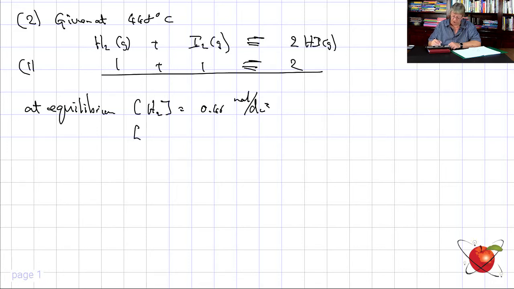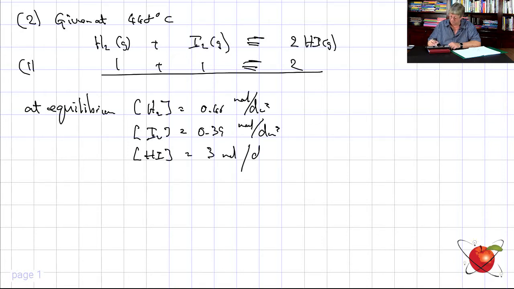The concentration of I2 is equal to 0.39 moles per decimeter cubed. And the concentration of HI is equal to 3 moles per decimeter cubed. And they say calculate Kc.